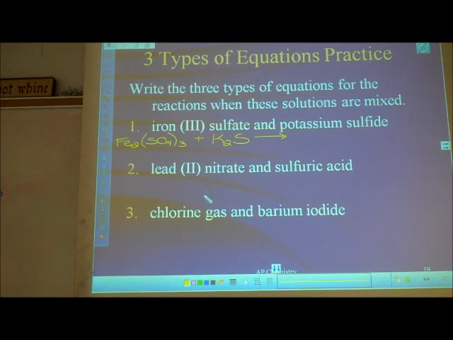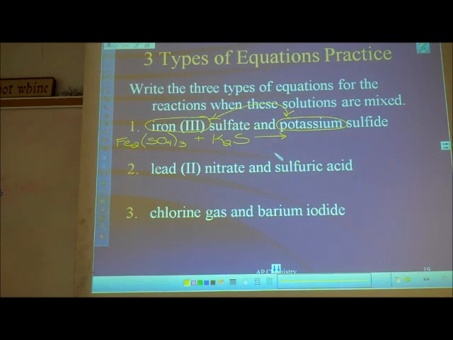Now guys, for those of you that might be a little uncomfortable predicting your products, let me show you a little trick. Don't look at the chemical symbols here. Look at the words. If you switch these 2 words, tell me in words, what is one of my products? Okay, potassium sulfate.